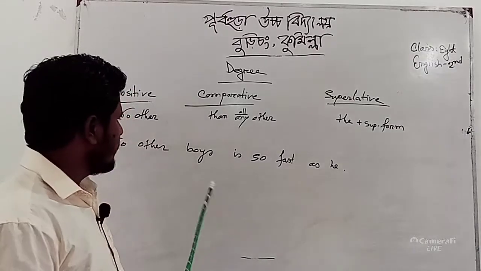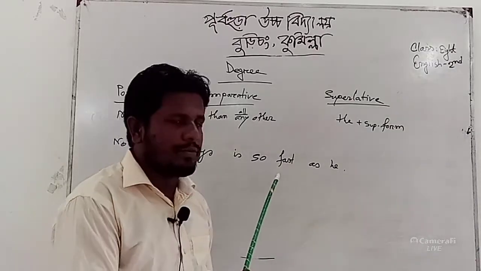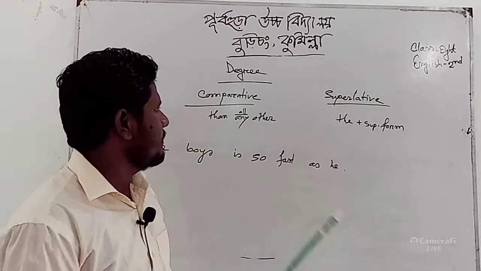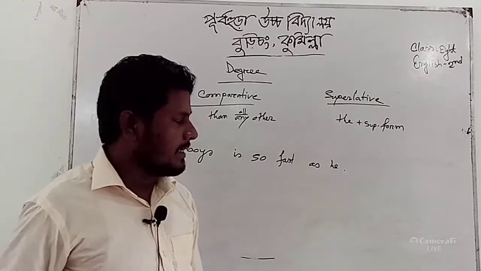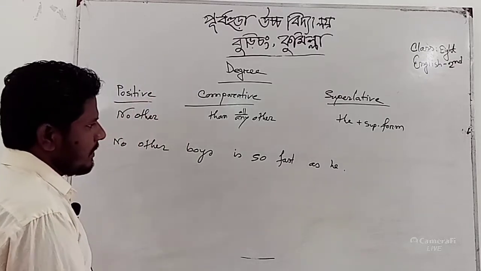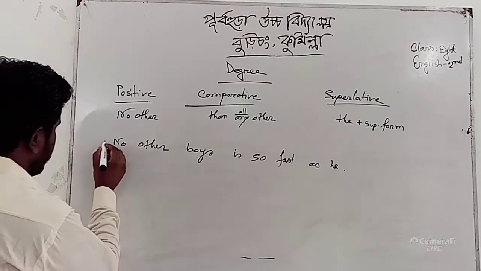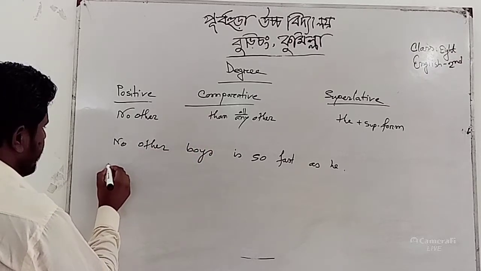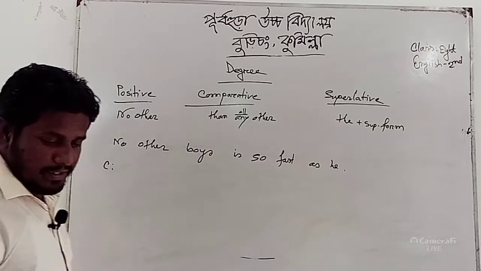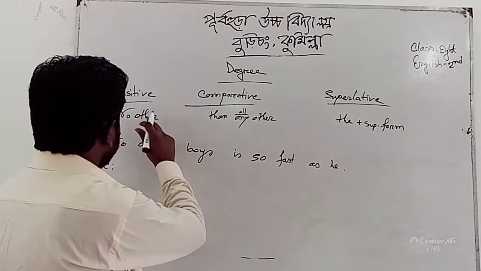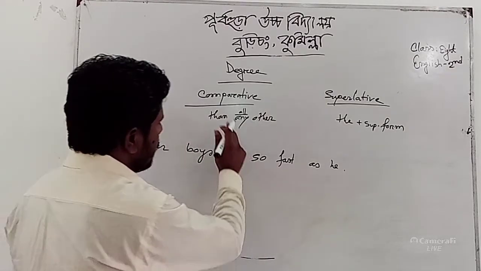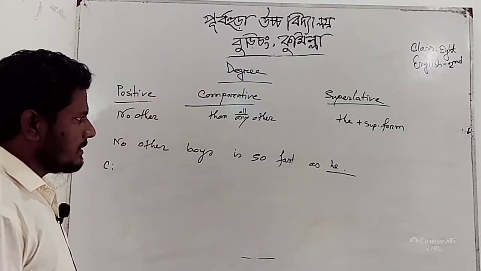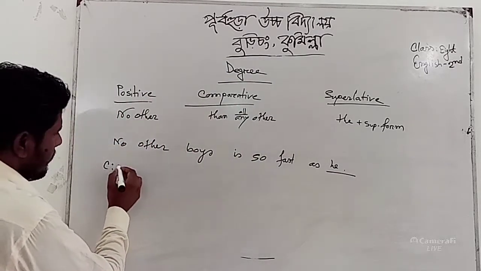In my previous class, I showed you how to change the degree from positive to comparative and superlative forms. This is the positive degree, and now I would like to change it to comparative. If we change positive degree to comparative, then we need to bring the second subject at the very beginning.